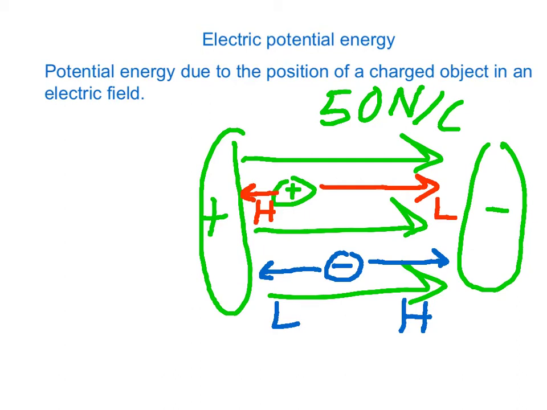So if we move the positive particle against the field, it increases its energy. If we move the negative particle with the field, it increases its potential energy. So you have to think about what a positive's doing and what a negative's doing in the fields.